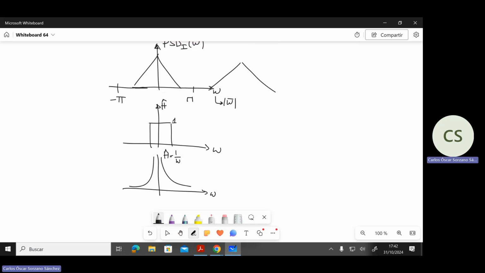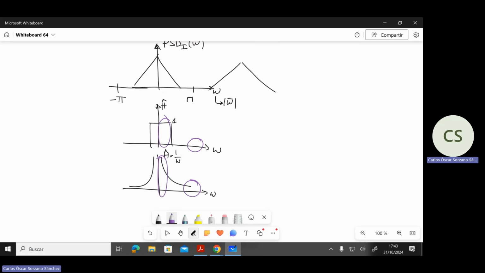So the feature here is that at high frequency, both of them have low values. The higher the frequency, the lower the value, and the smaller the frequency, the higher the value. This is the common feature of these two filters, and that is why they are called low-pass filters, because the low frequencies can go through the filter.